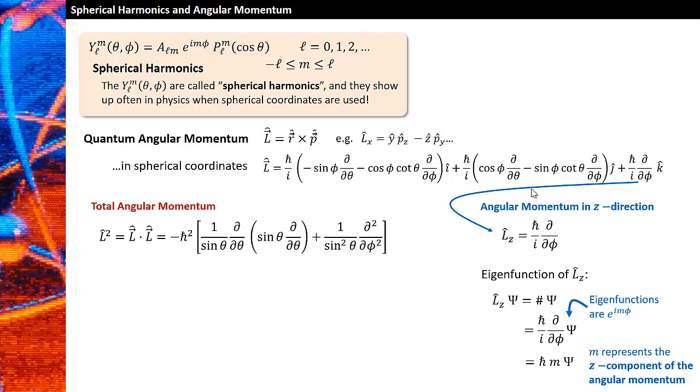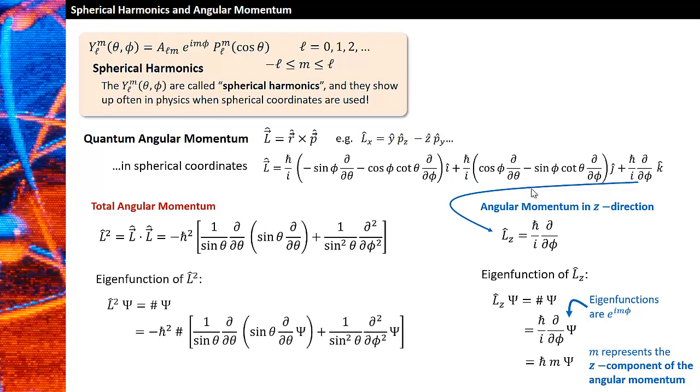The partial differential equation that came out in spherical harmonics that gave us the associated Legendre functions was a set of derivatives that look a lot like this. And so what we can ask then is a similar question to what we asked with the angular momentum in the z direction. What does an eigenfunction of L squared look like? Well, in general, we know that an eigenfunction of L squared will be a number times psi.